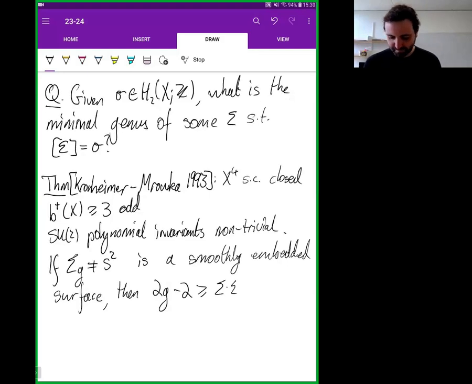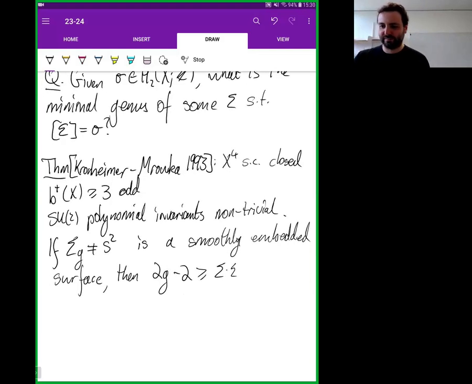So that's really cool. Somehow you go via all of this non-trivial analysis and PDE theory, and you relate the genus of the surface to the intersection number. So that's a really nice consequence.